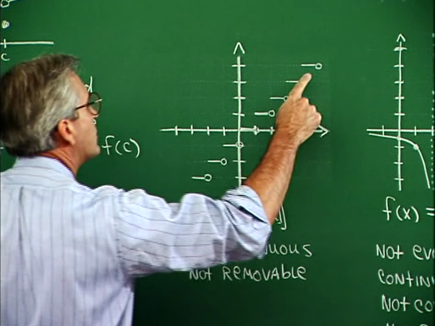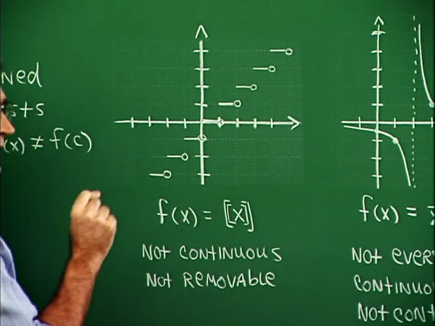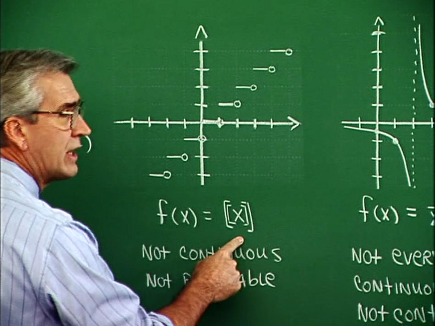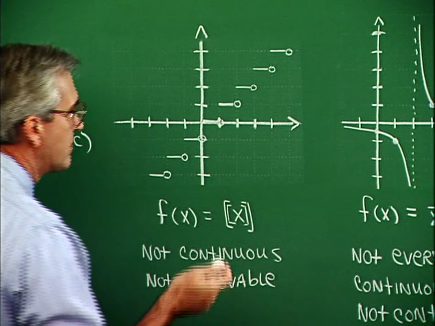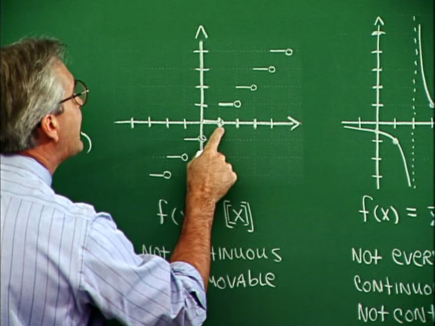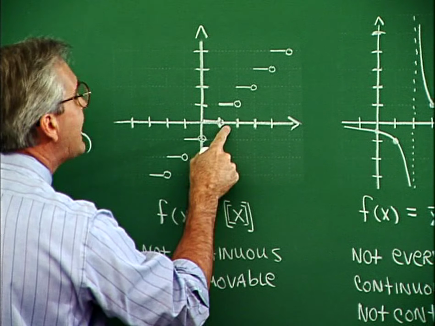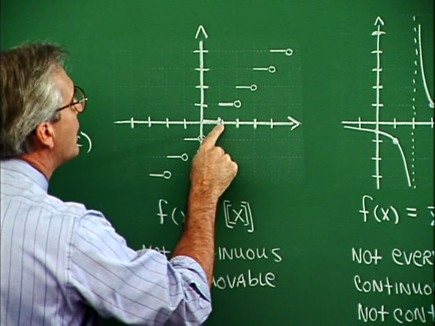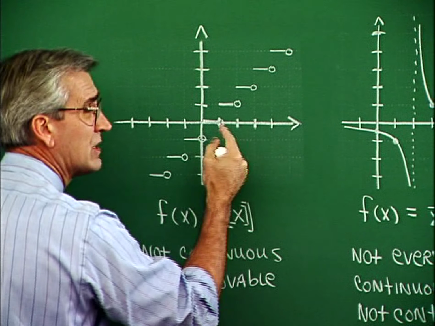Here we have a function that's a step function. It is the greatest integer function. F of x is the greatest integer in x. And just to jumpstart your memory about this kind of function, if x's fall between 1 and 2, the greatest integer in the numbers that fall between 1 and 2 is 1.